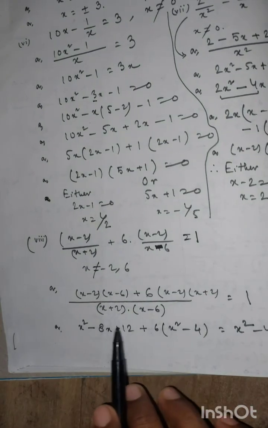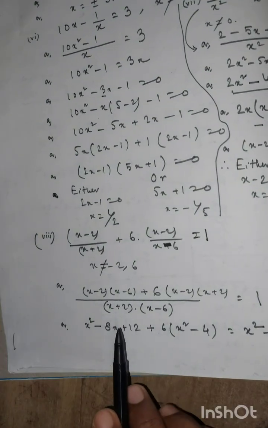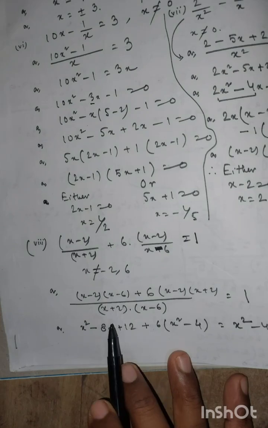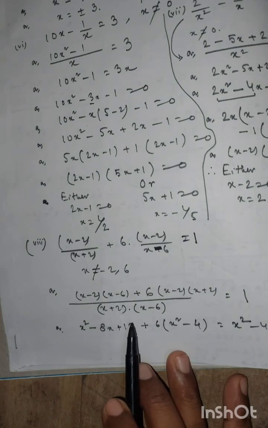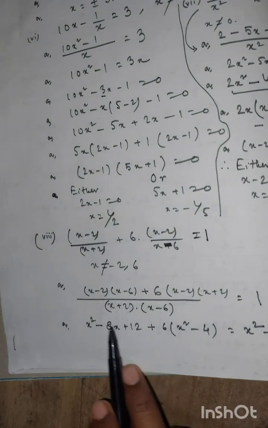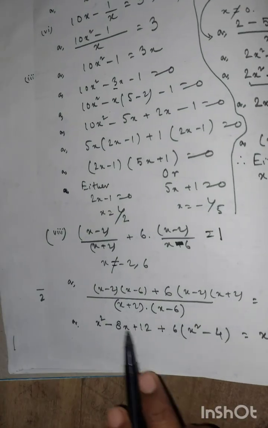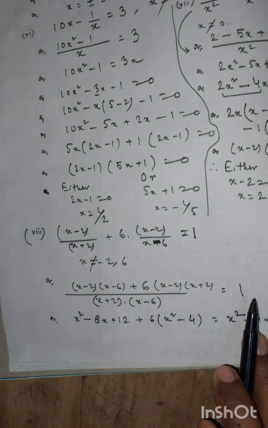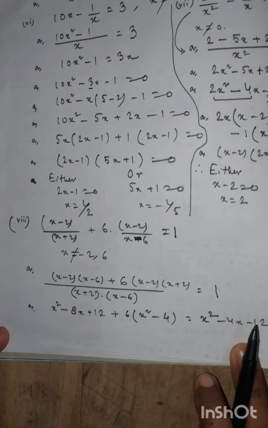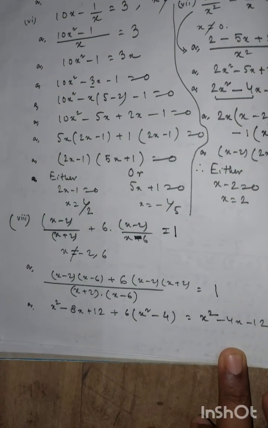Okay, if we multiply these two quantities, we get x square minus 4x minus 12, and if we send this quantity to the right side, it gets multiplied to 1 and it becomes x square minus 4x minus 12.